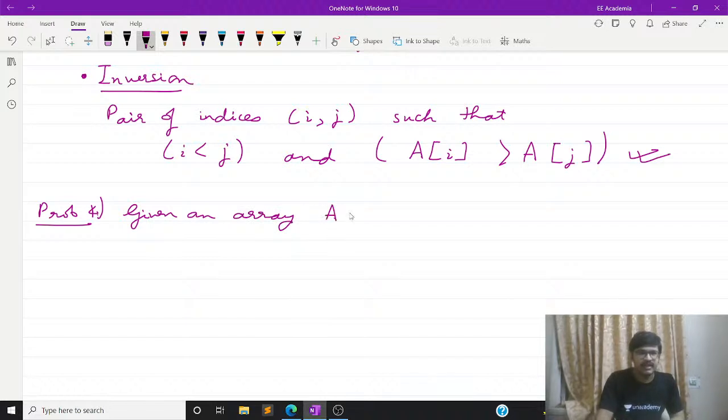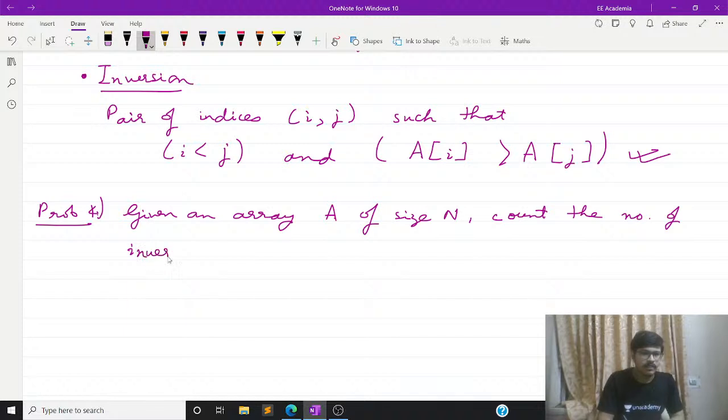Given an array A of size n, count the number of inversions in the array. So now you know what inversion means.